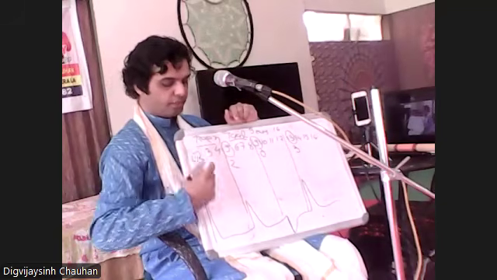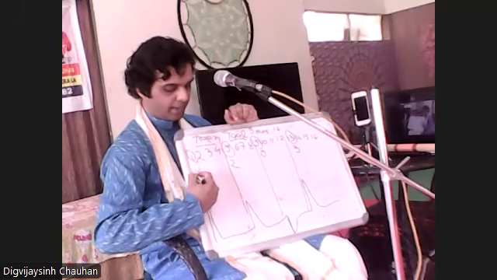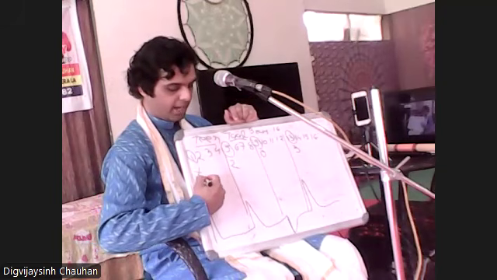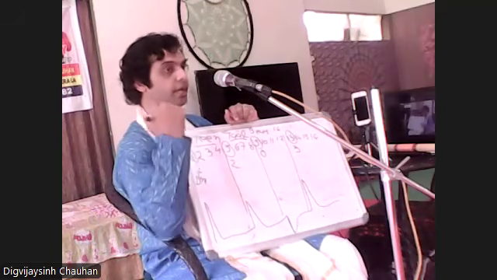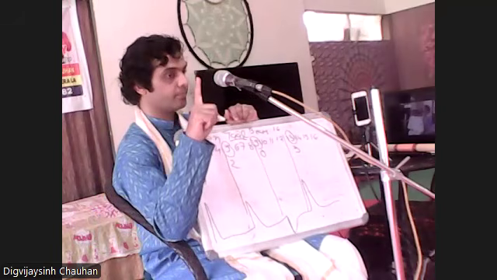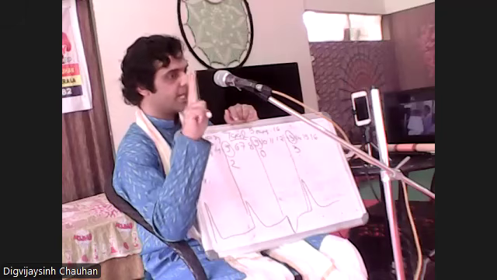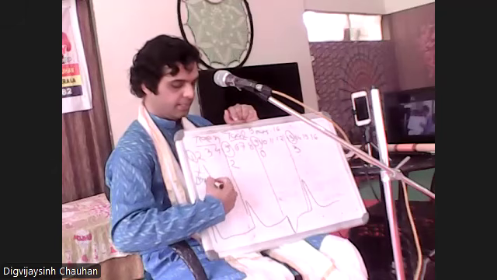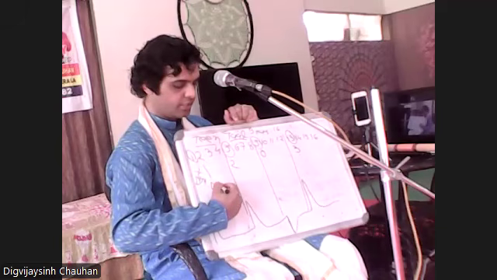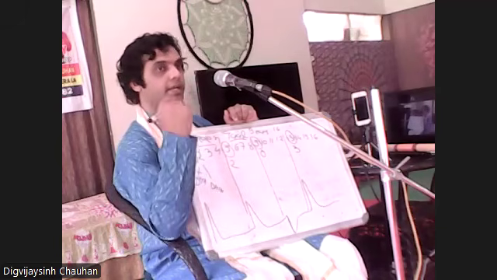So the first bol of the teen tal is dha. Please write everybody, dha, D-H-A, under 1. First beat is dha. Second beat is din, D-H-I-N.